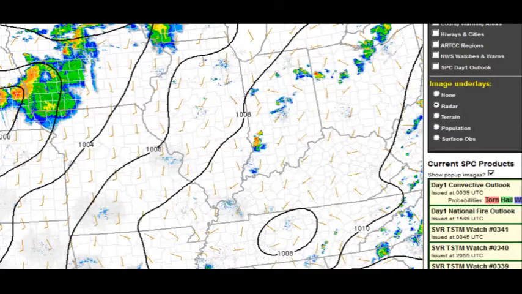Greg Schultz looking for 1.75 to 2 inch hail in central Wisconsin. Actually, those have been reports of that. 123 degrees in Arizona from Ronald Martinez.